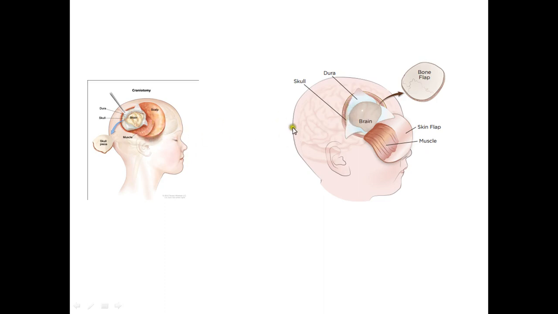Then below the bone we have dura. Then we cut the dura, and then we are in the parenchyma, and the tumor is localized and excised. So this is called craniotomy. In craniotomy, three flaps are raised: scalp flap, bony flap, and dural flap. Then we are on the brain parenchyma and we excise the tumor.